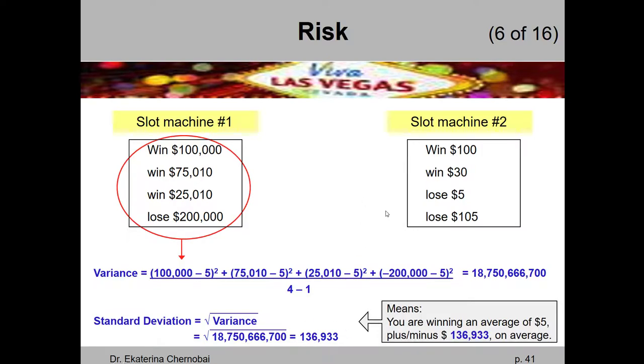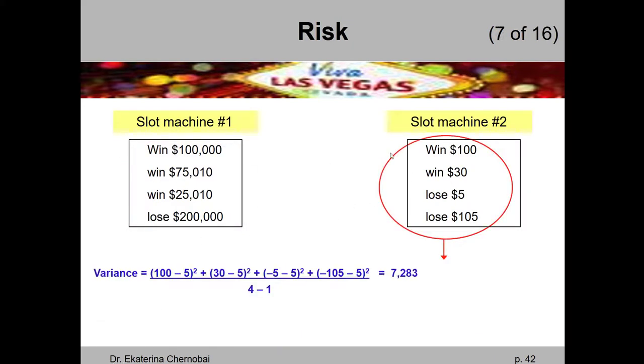We can now do the same calculation for slot machine number 2. Squared deviations from the mean added up, divided by 3. So not by 4, but 4 minus 1, which is 3. That's the variance.